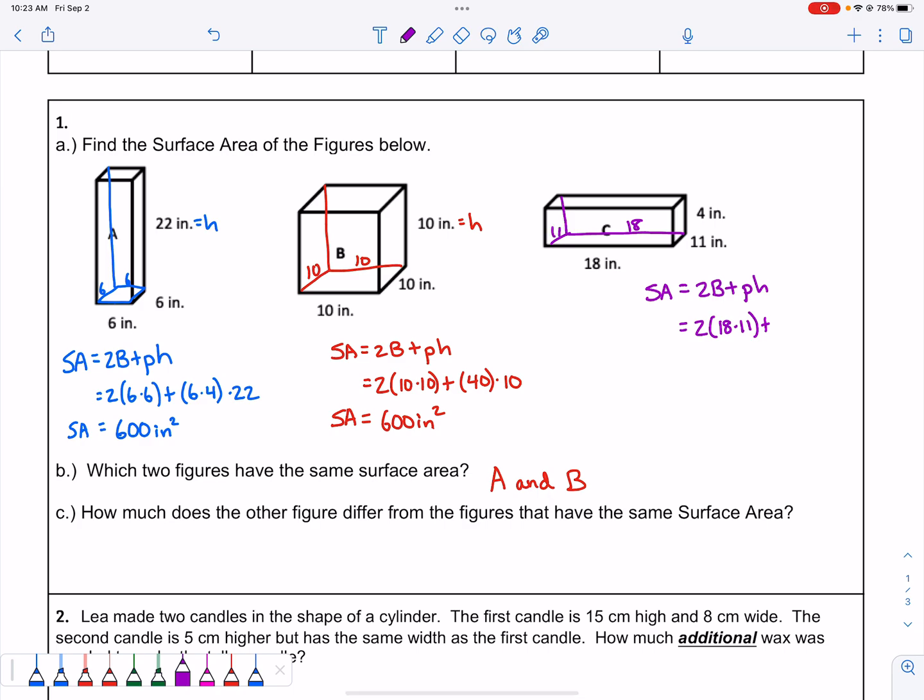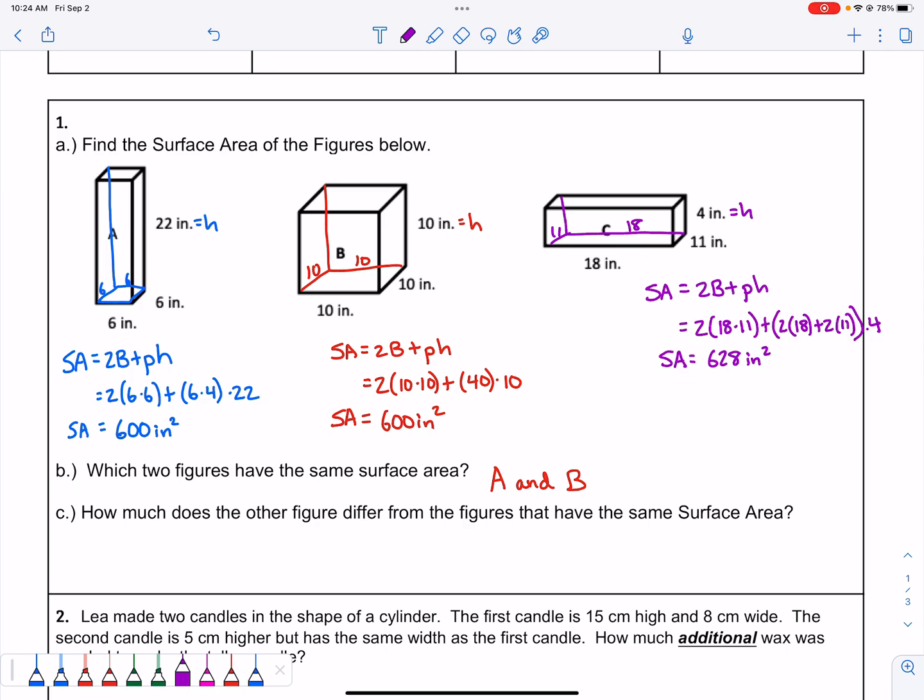And it's a rectangle, so I have 2 sides that are 18 plus 2 sides that are 11. And that would give me the perimeter of the base times the height, which was the 4. Then you type all of that in the calculator and you get 628 square inches.